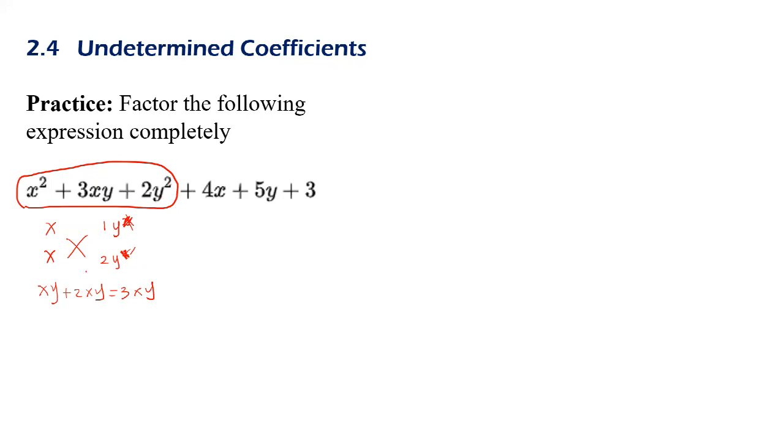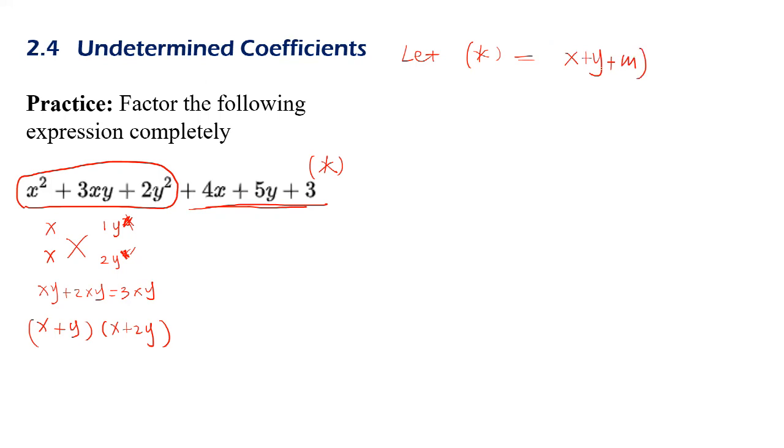So the first part of the expression can be factored to x plus y times x plus 2y, right? But we have some other terms left behind. So let's call this asterisk. Let the asterisk be x plus y plus m times x plus 2y plus n.